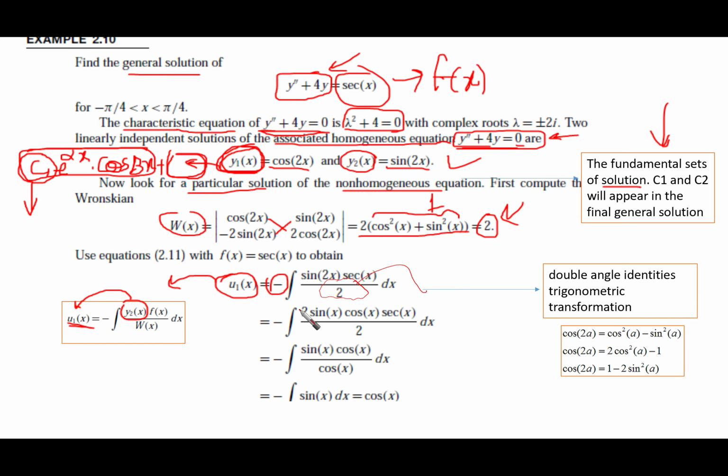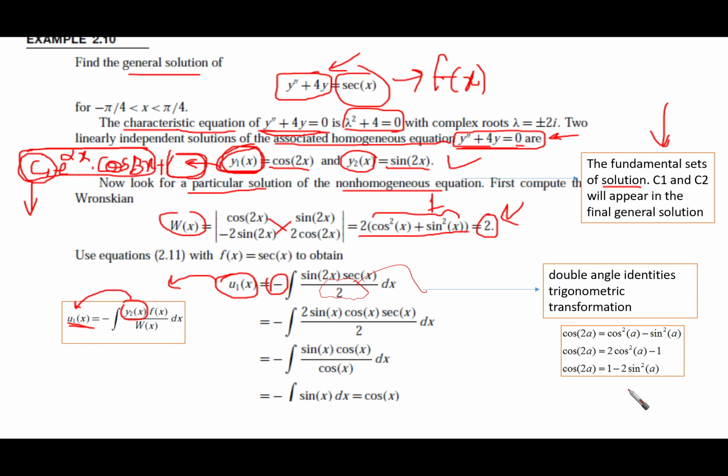The integration of sine 2x: it is a double angle, so we can use double angle identities, a trigonometric transformation. Sine 2 alpha, for example, we can represent in different ways.